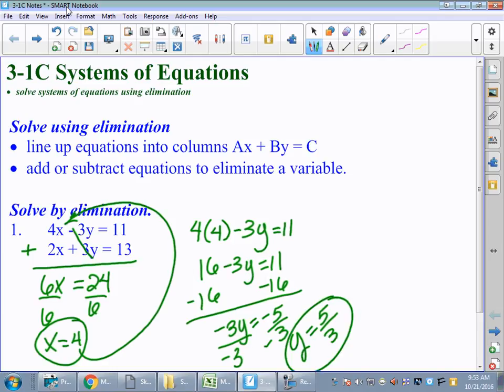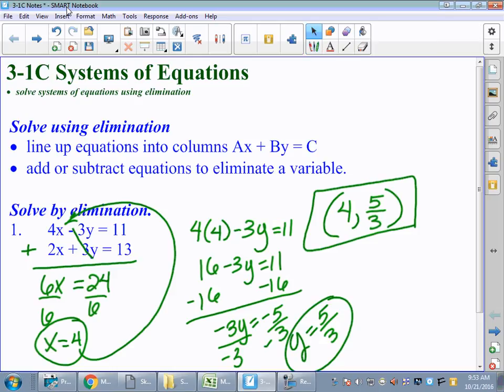That would be a nightmare if you were graphing as well, because to locate 5/3 on a graph is pretty tricky. So my solution, where these two lines would cross, is at the ordered pair 4 and 5/3. I could have plugged it into the other equation as well, but now you can see where the elimination name of this process occurs, because one of the variables disappears.